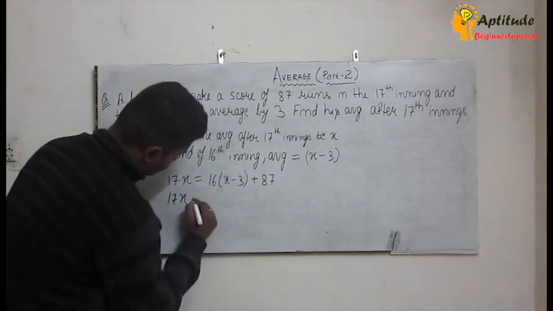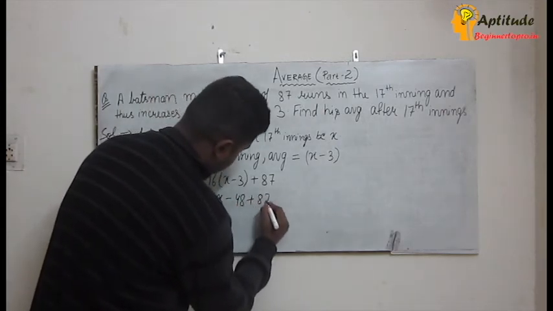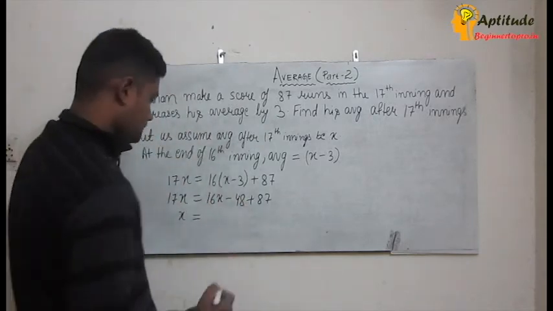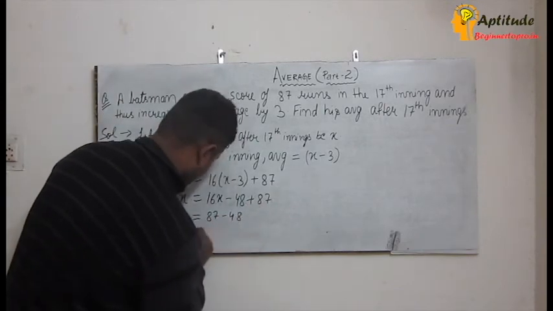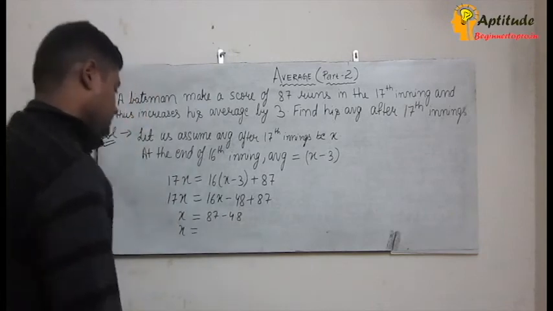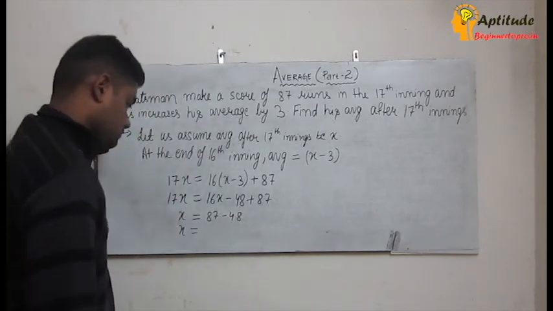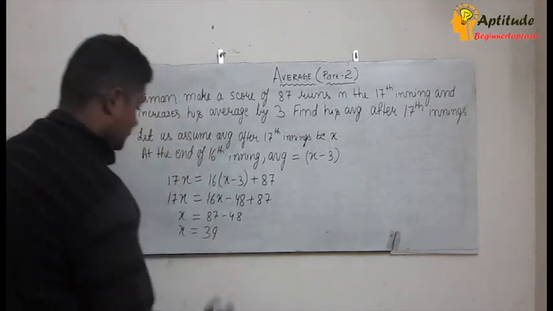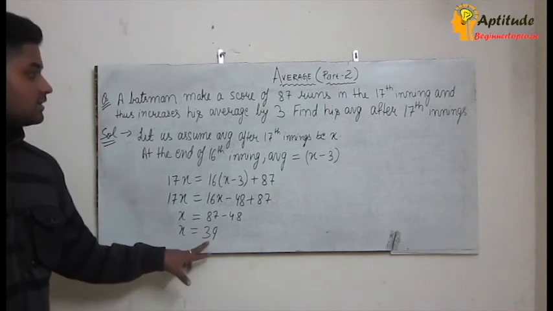So this is nothing but 17x equals 16x minus 48 plus 87. x equals 87 minus 48. x equals 39. So the average after the 17th inning will be 39.